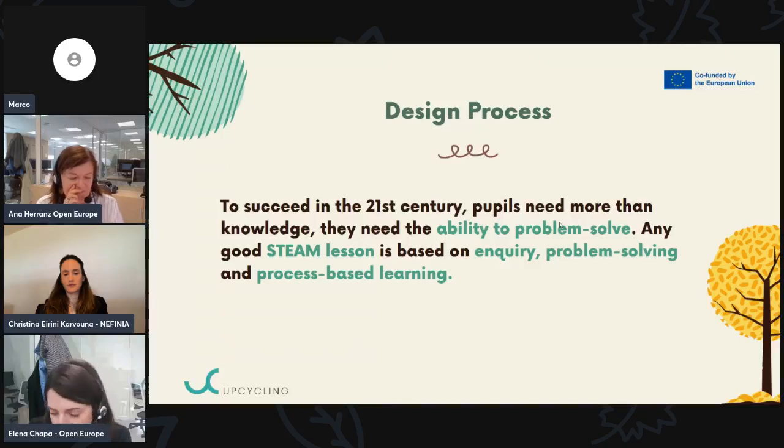So now the 21st century requires from students and from people in general... there is a massive amount of information at our fingertips, so the skills needed to navigate this landscape are quite different. Therefore, it's much more important to hone our ability for inquiry, for problem solving, and for process-based learning, meaning as teachers, we have to teach in a different way in order to prepare students for the future.